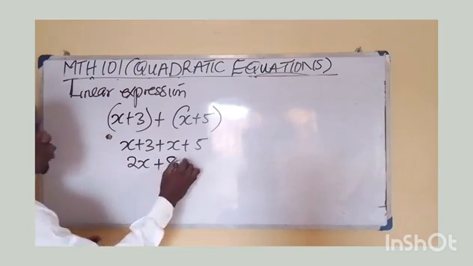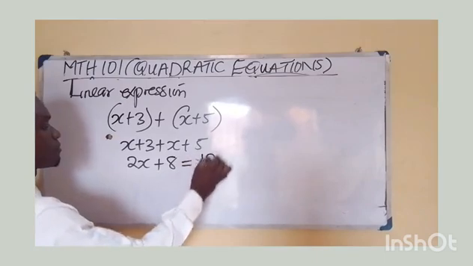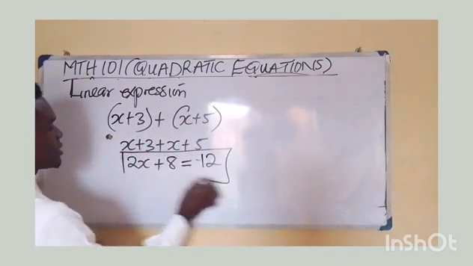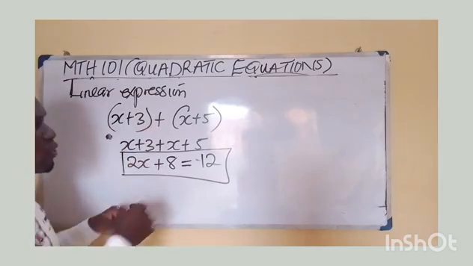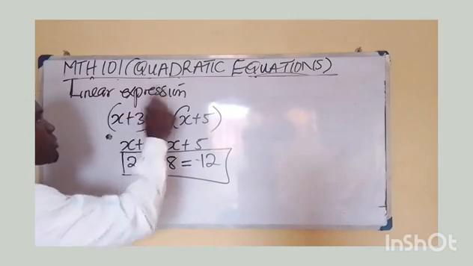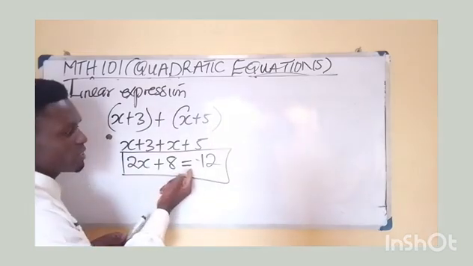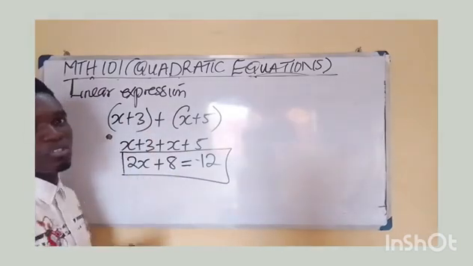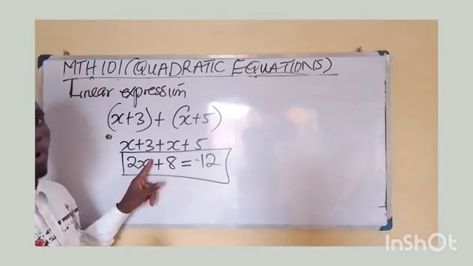If I now equate it to, for example, 12, what I have here is called a linear equation. This one without an equality sign, I call a linear expression, but if I include an equality sign, it becomes a linear equation. The highest power of x here is 1.